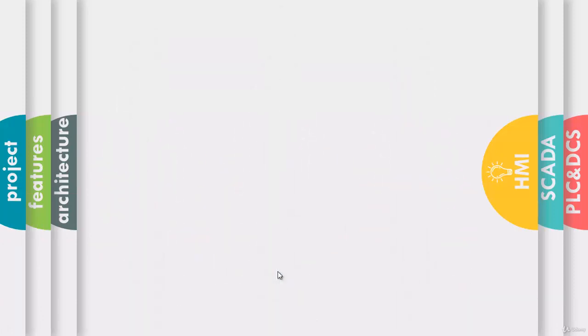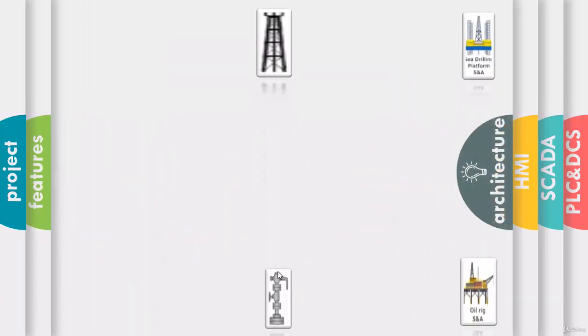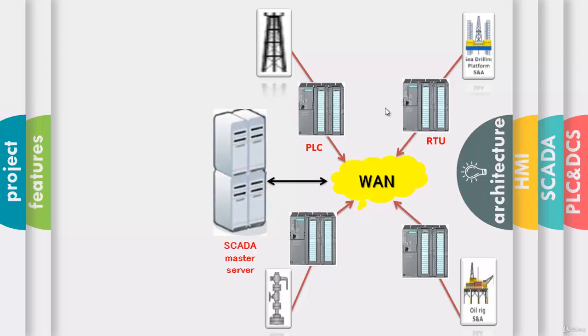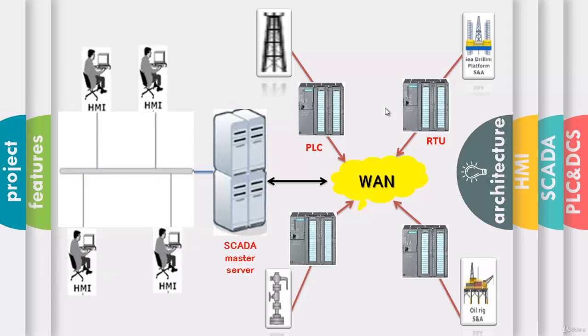The architecture of SCADA: we can say if we have different systems, each system can be controlled by a PLC or RTU, remote terminal unit, and all those controllers can be connected together through WLAN or any protocol, and they are connected to the SCADA master server, and all are connected together to different computers.